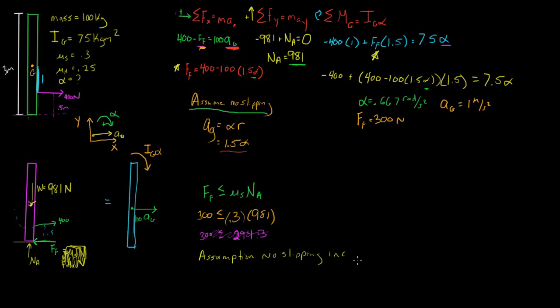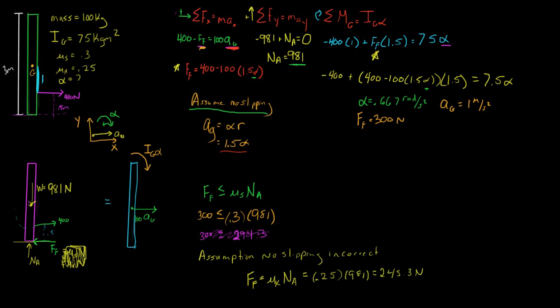We now have to say that our frictional force is equal to the coefficient of kinetic friction times our normal force, which I called NA. So this is going to be equal to 0.25 times 981, and this is equal to 245.3 newtons.